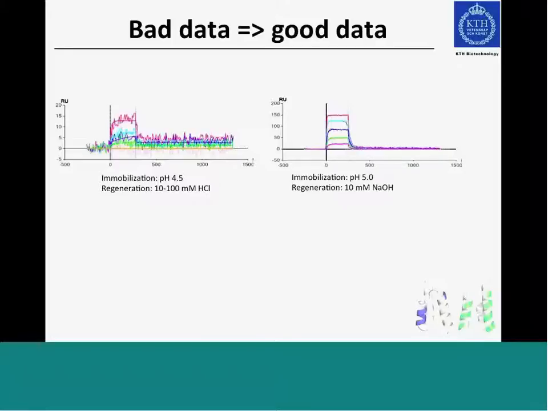But also we changed the regeneration, and then we went from seeing lower and lower max response in our analytes to getting very, very high and very stable max responses, very comparable between each analyte injection. That's very nice to see, but that requires some optimization, and that's always time-consuming, but it was worth it in the end. So here's just some results from this, what you can do.